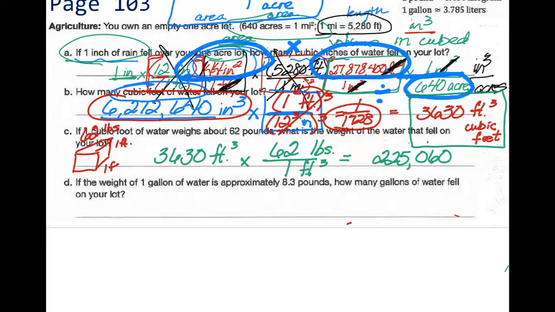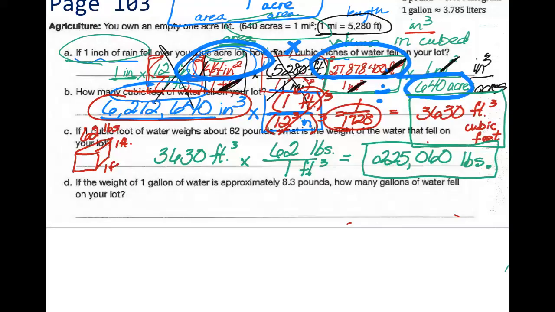So if 1 weighs 62, this would be 225,060 pounds. That's how much it would weigh. This is the water that is falling down on our acre lot.